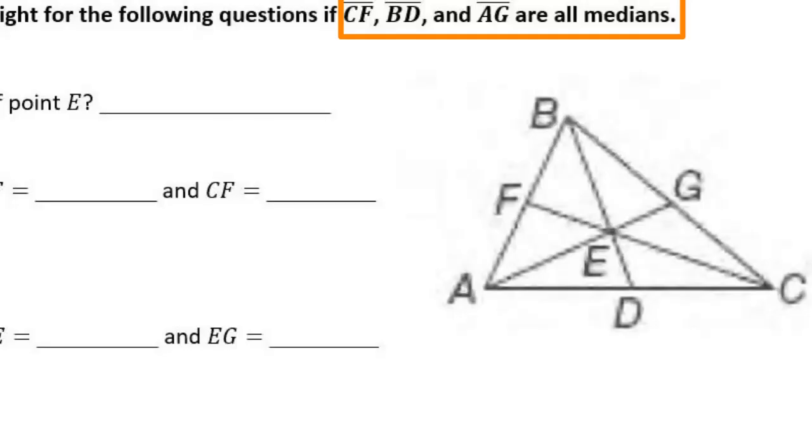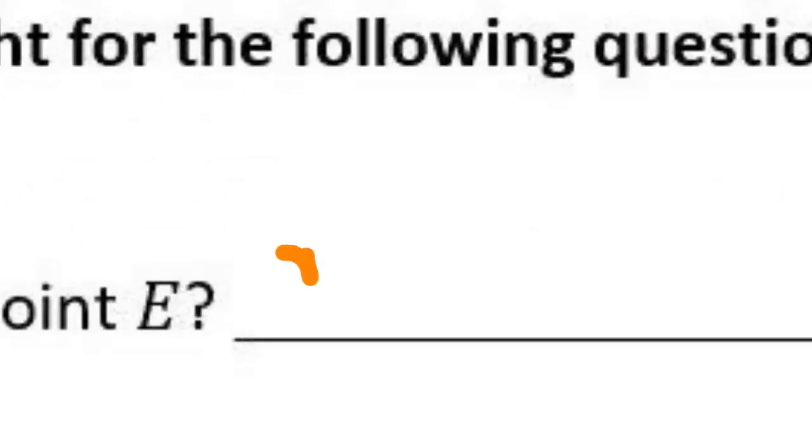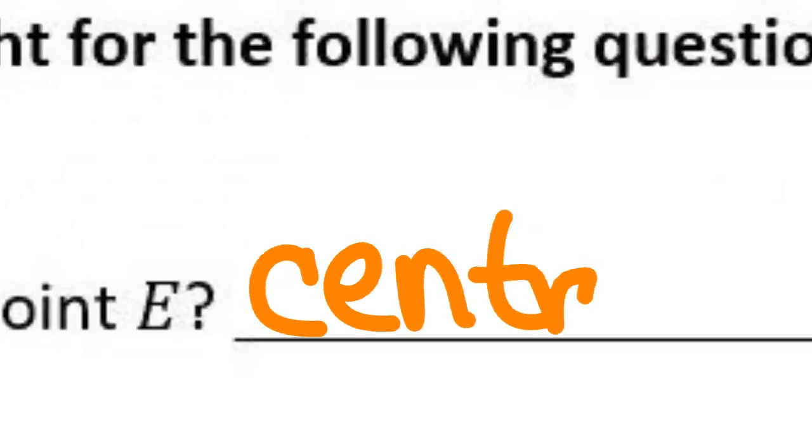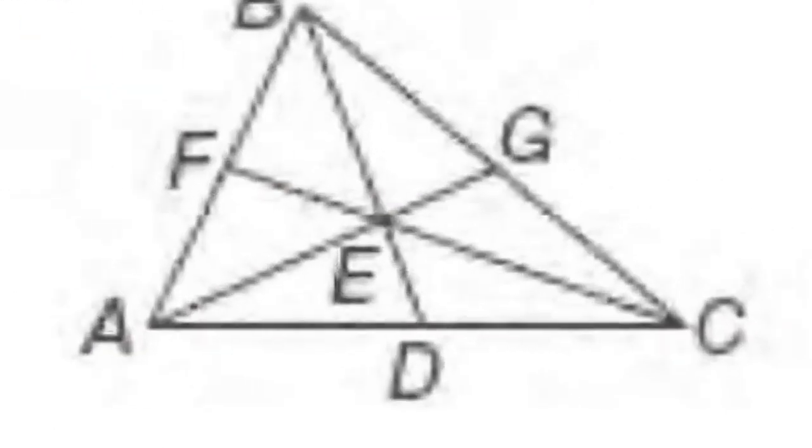It's telling me CF, this segment right here, BD, this segment right here, and AG are all medians. It's the centroid, yes. The centroid is where the 3 medians touch. If those segments are all medians, what name do we have for points G, F, and D?